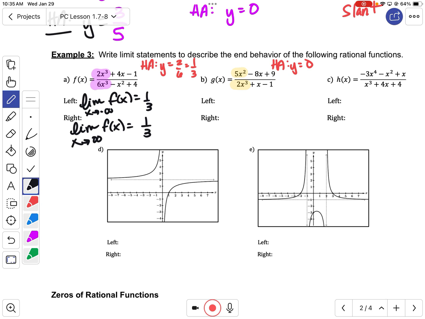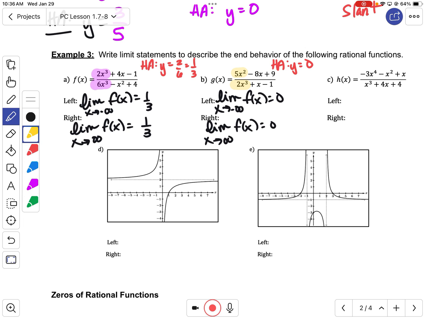Which means my end behavior is approaching 0 on both sides. So the denominator was bigger than the numerator. Let's check the third one.